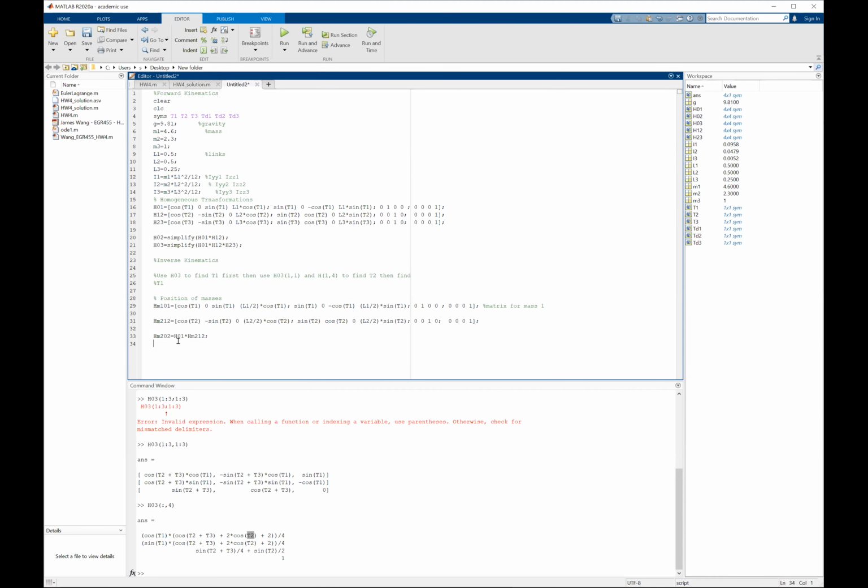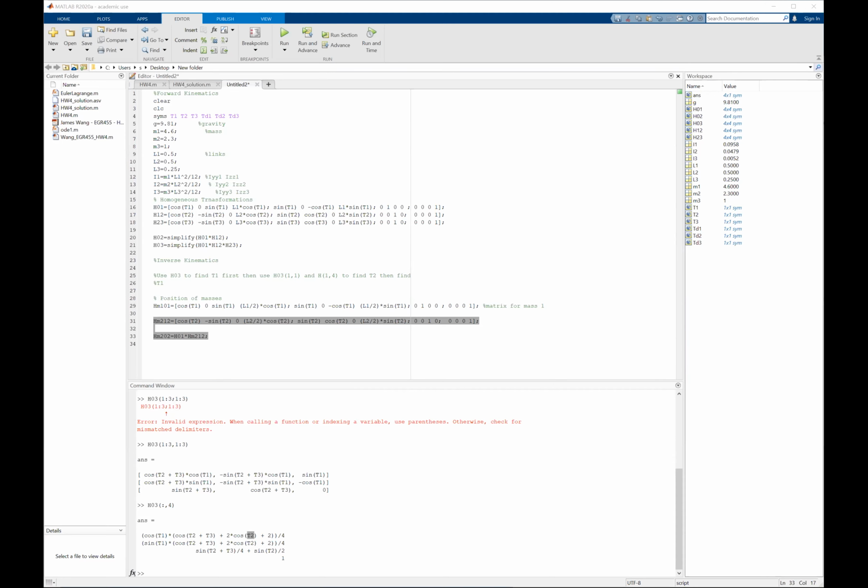When you want to do that, you need to multiply that with H01 and HM2. So you will have these. Same thing we have to do for mass M3.